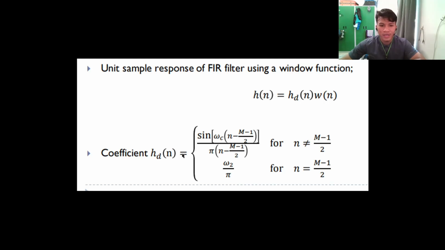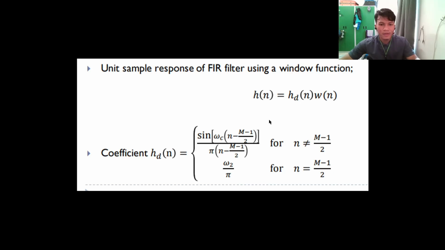For finding hd(n), we use this formula when n is not equal to (M minus 1) per 2. The bottom formula is for n equals (M minus 1) per 2.